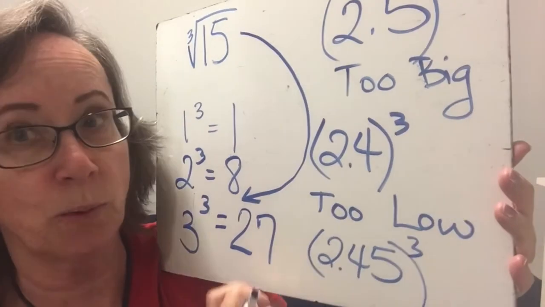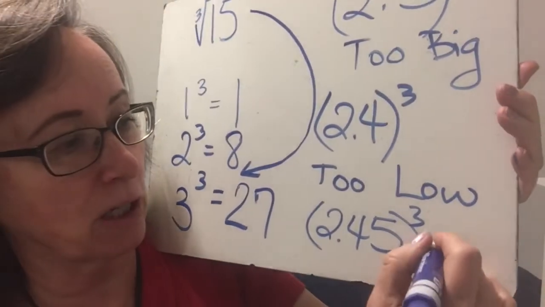So we're going to take 2.45 and cube it and see if we're low or high. 2.45 times 2.45, and that is going to be 3 times, right? 14.7. So this one is actually low.